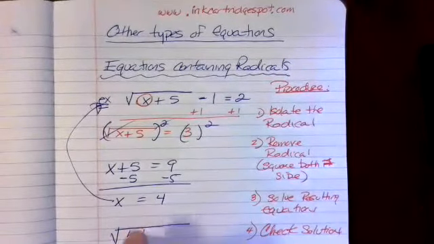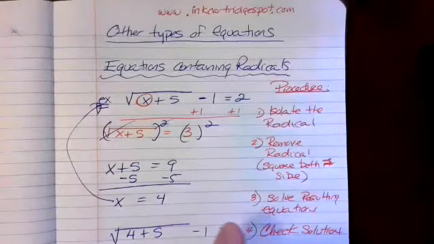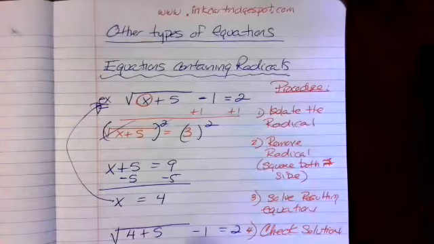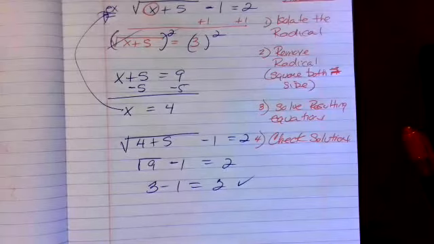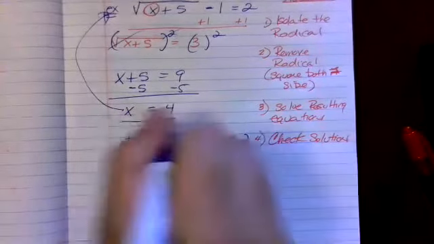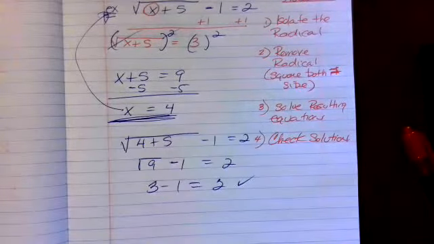We would have the square root of 4 plus 5, minus 1, is equal to 2. Well, that would be the square root of 9, minus 1, is equal to 2. 3 minus 1 is equal to 2. So this one does check. Easy stuff.